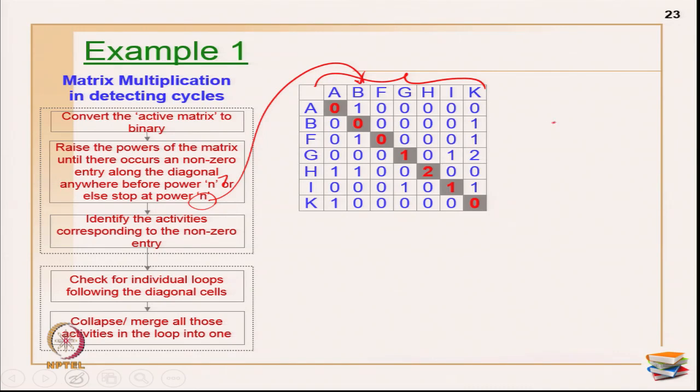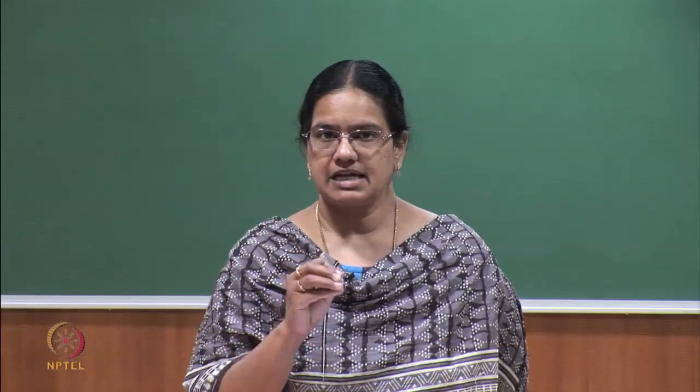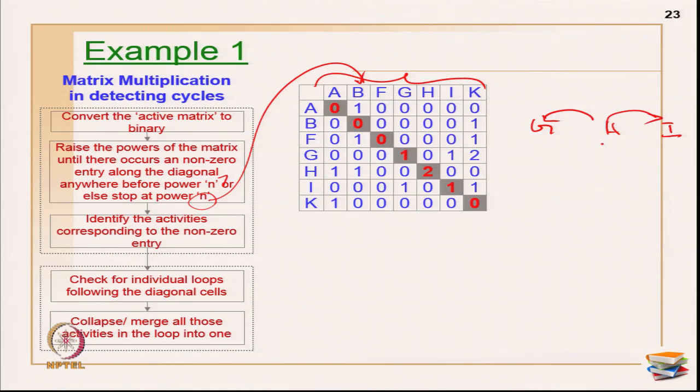So this implies G is here, H is here and I here. If you are not very comfortable in identifying or tracing the loop, you have to do the tracing by going through the relationship and then identifying where is the real loops. Okay. Because I have got values as 2 also. This 2 implies this H is on 2 cycles. Okay. And G implies it is on 1 cycle and I implies it is available on 1 cycle.